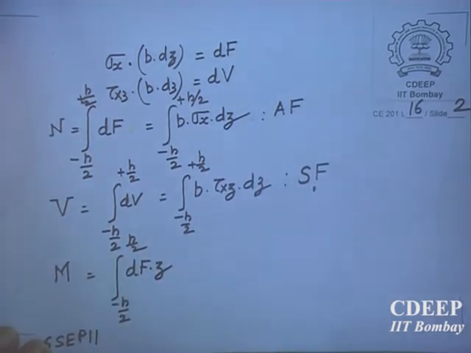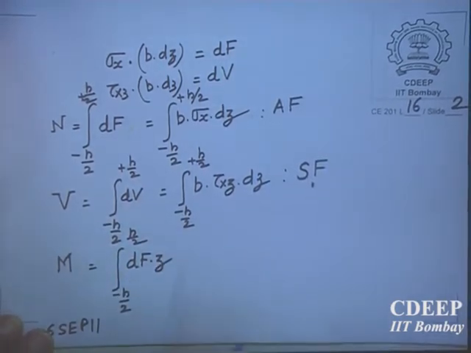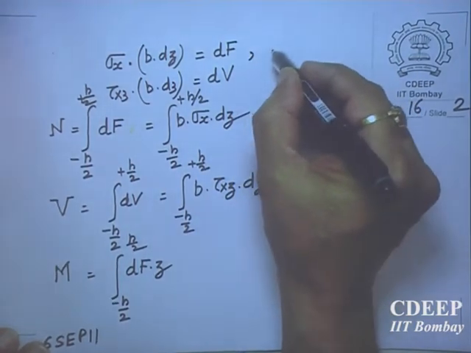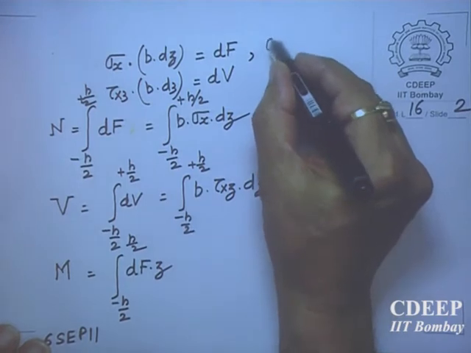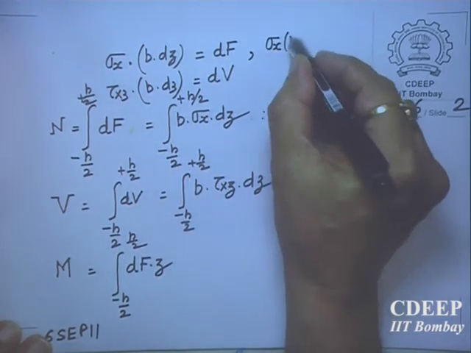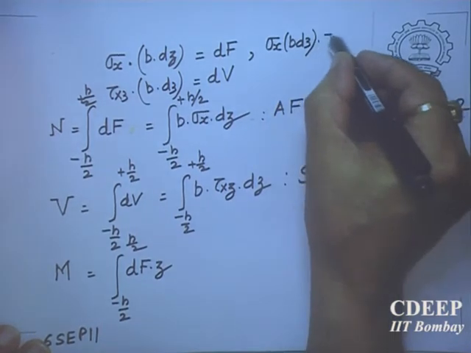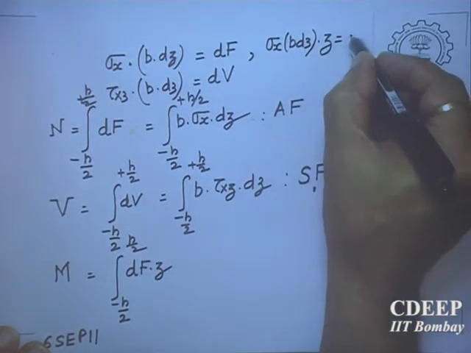So I can write the small dm here: sigma x multiplied by b dz multiplied by z equals dm.